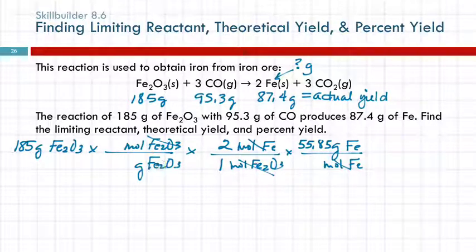And then we need to calculate this one. We're running out of time, so I'm not going to write it out. 2 times 55.85 plus 3 times 16, 159.7. 1 mole of iron oxide weighs that.